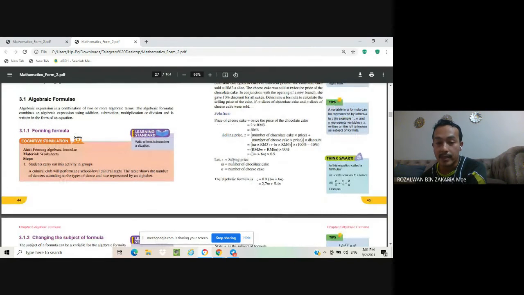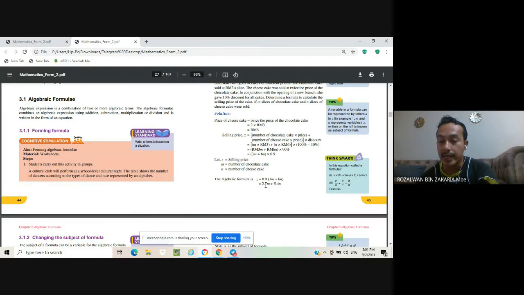So you have to write this one. Let Z equal to selling price. You must state M equal to number of chocolate cake, N equal to number of cheesecake. Then the algebraic formula is Z equal to 0.9 in bracket 3M plus 6N, and then equal to 2.7M plus 5.4N.